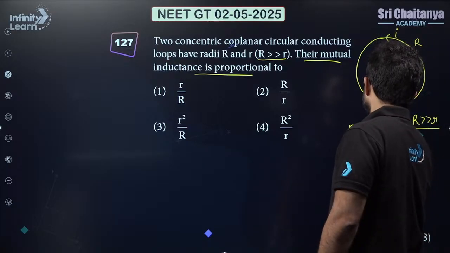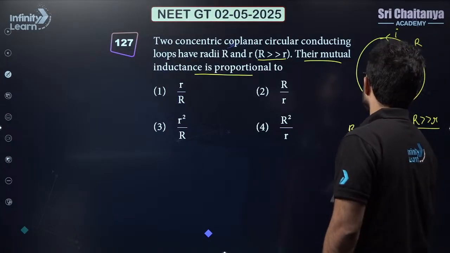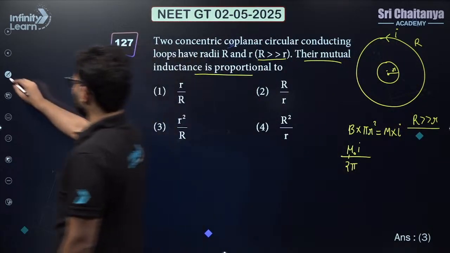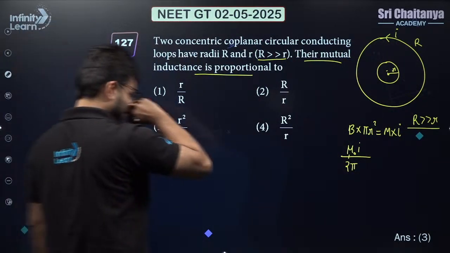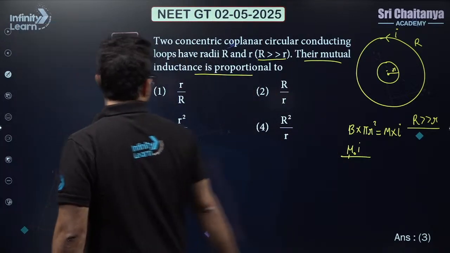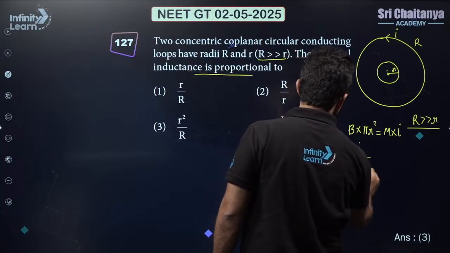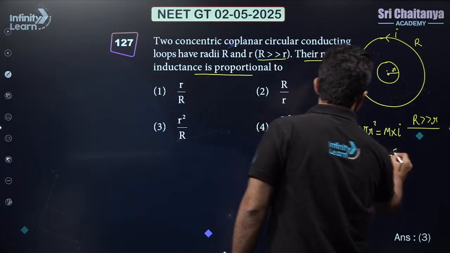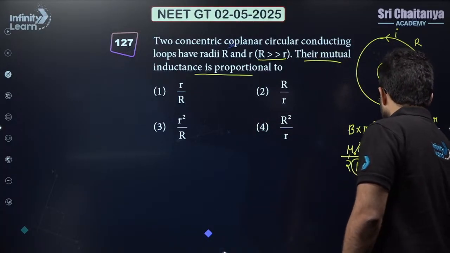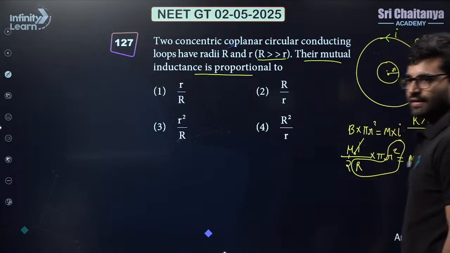B is nothing but mu naught I by 2R, where R is the capital R. So mu naught I by 2 into capital R, into pi r square, is equal to M into I. So you can see that it will be directly proportional to small r square by capital R.